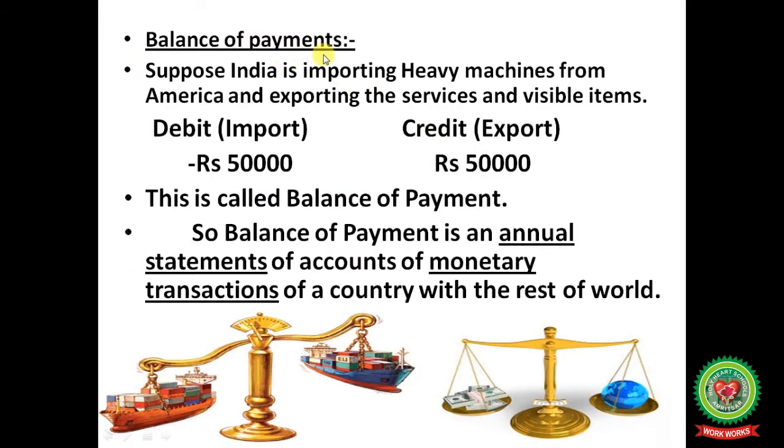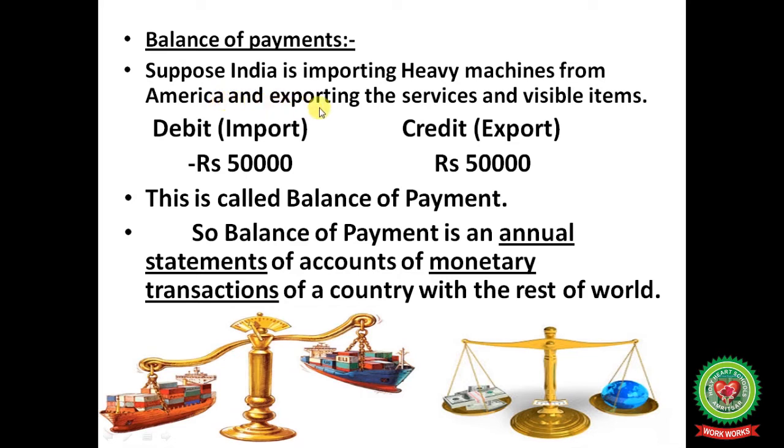Balance of payment. Suppose India is importing heavy machines from America and exporting the services and visible items to the USA. What India is importing from America, that is heavy machines, worth rupees 50,000, and this will be recorded in the debit side because we have to make the payment worth rupees 50,000 to America.